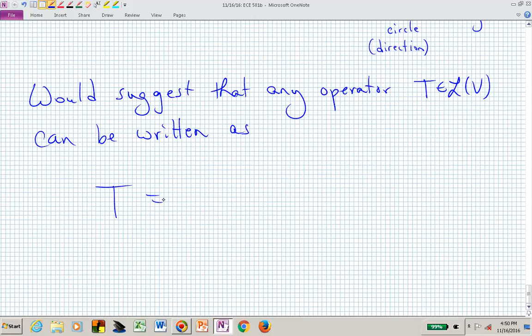T, we are now going to decompose our direction on the unit circle. That was an isometry. We'll just say that that's S.